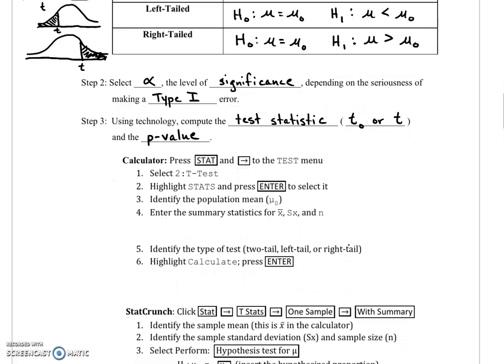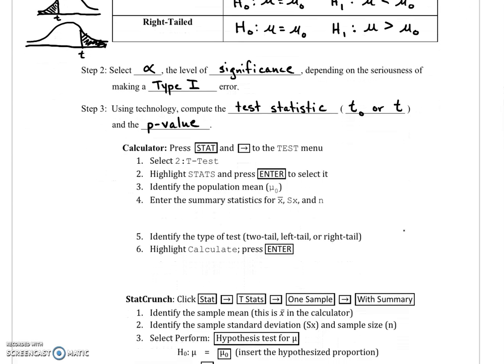So in the calculator, we go to the same menu as in section 10.2. So it's stat and over to the test menu. And then we want to select option 2, the t-test. Then we highlight stats and press enter to select it. Or if we need data, we can highlight it to select it. Remember, stats and data work the same way in hypothesis testing about a mean as they do in confidence intervals for a mean.